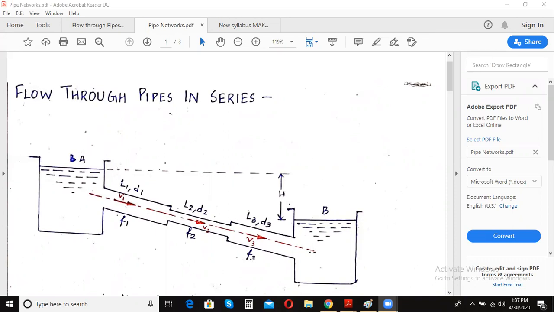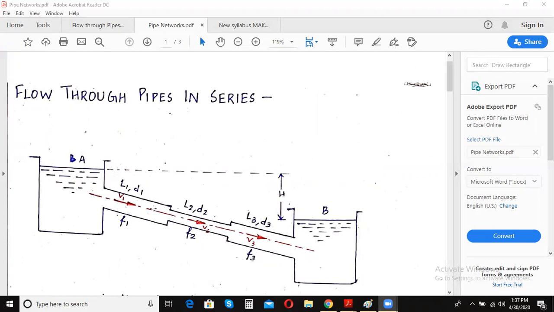Clear? Now these two reservoirs have been connected by three pipes. The length of the first pipe is L1, diameter D1, and the coefficient of friction through the first pipe is F1. Similarly, for pipe 2 and pipe 3, the lengths, diameters and coefficients of friction are given. Now you see that the diameter is not constant throughout the piping network.